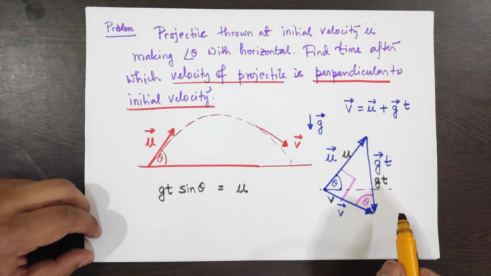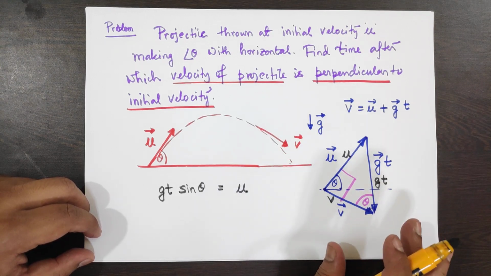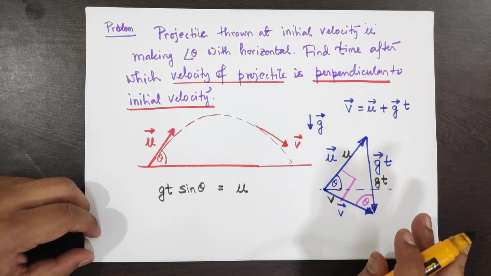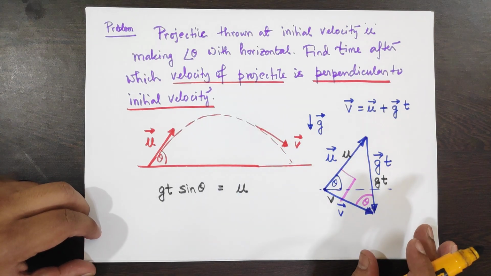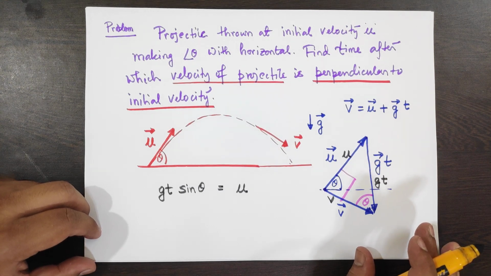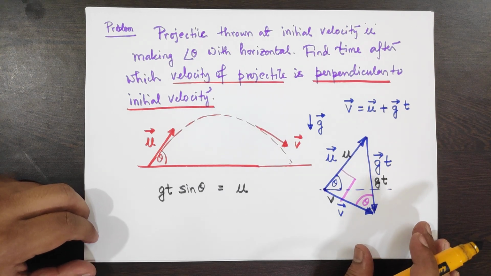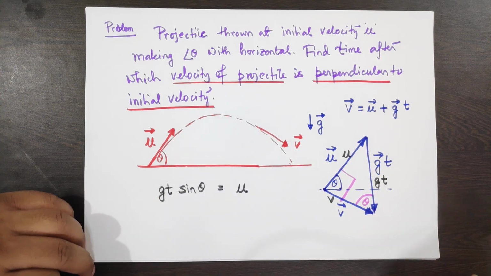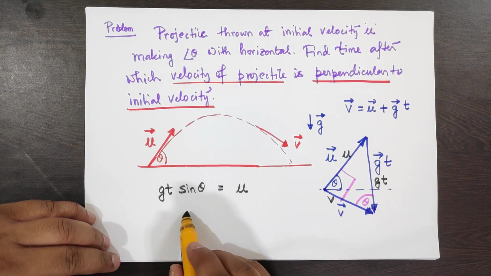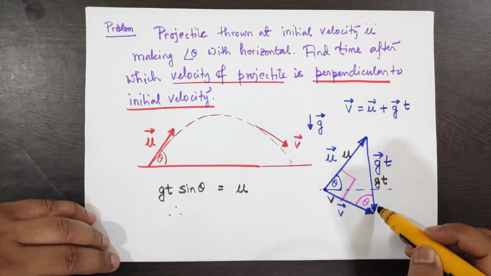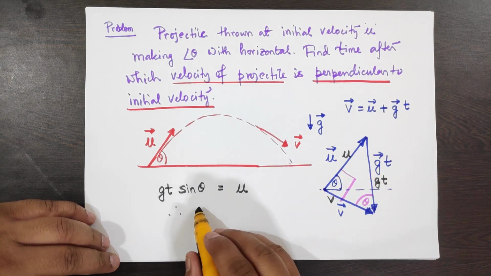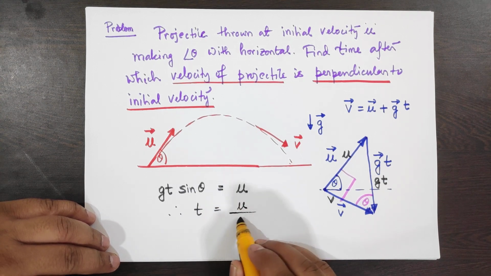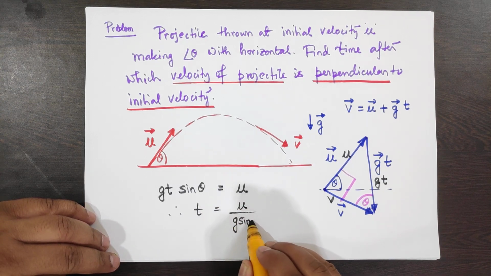Just use the triangle law of vector addition and the problem is solved. In most books and walkthrough problems, you will find it done by a longer approach than this. So gt sine theta is equal to u, therefore t equals u divided by g sine theta.